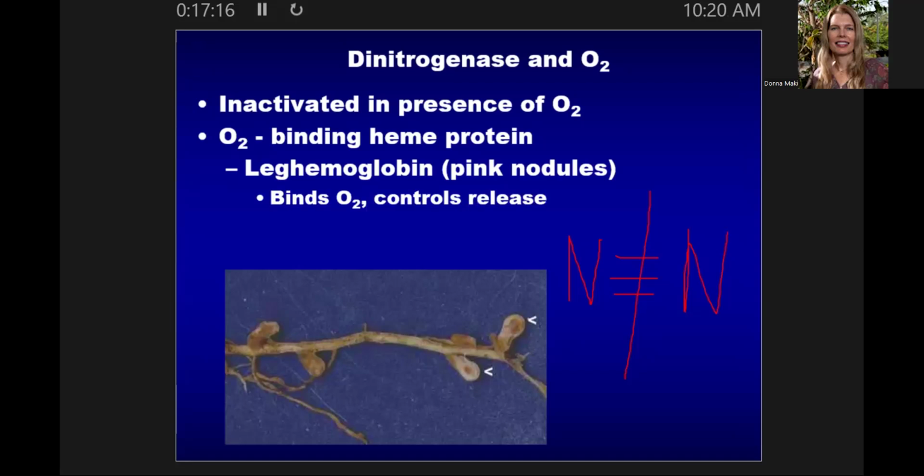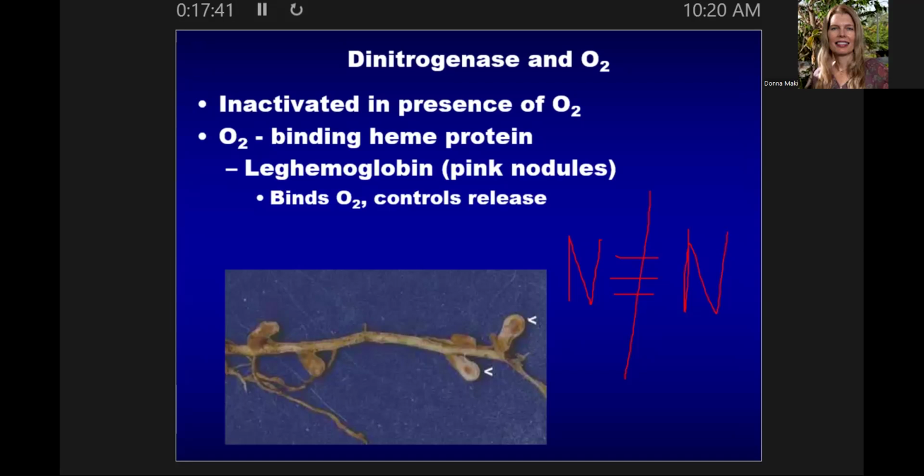And so if it's bound, it's not going to interact with the enzyme, but it can release the oxygen. The leghemoglobin can slowly release the oxygen to feed the bacteria oxygen to keep the bacteria alive, but it does it in a very controlled way so that you don't get a buildup of oxygen around the nitrogenase enzyme. Does that make sense?